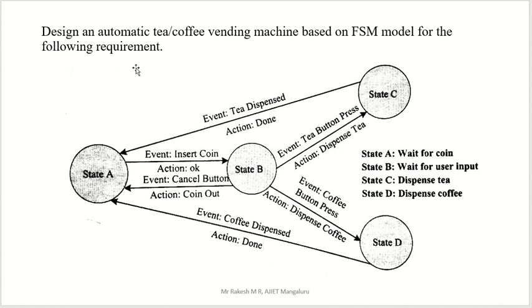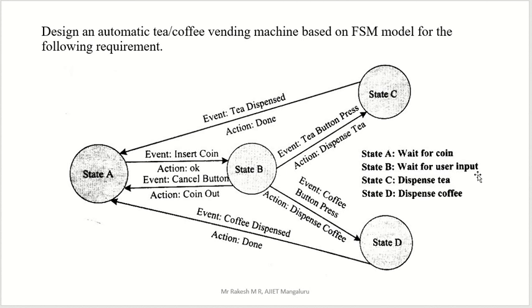Now the second example given here is related to FSM. Design an automatic tea coffee vending machine based on the FSM model for the following requirement. Here we have states. You know what a tea coffee vending machine is.